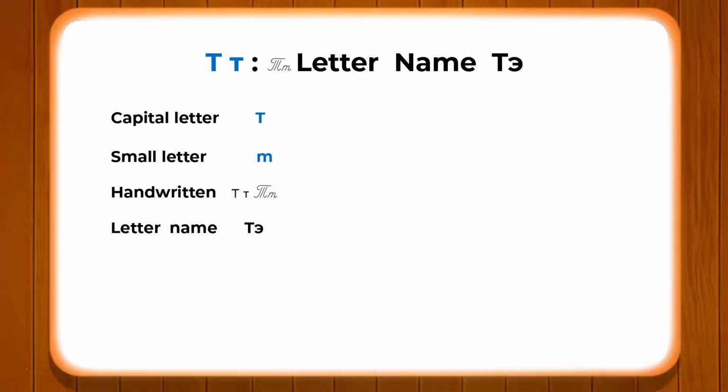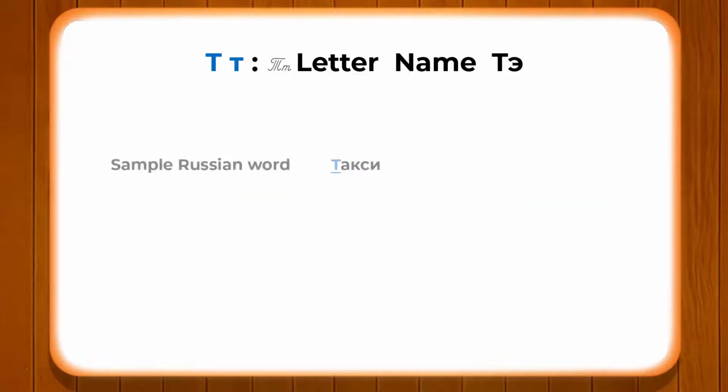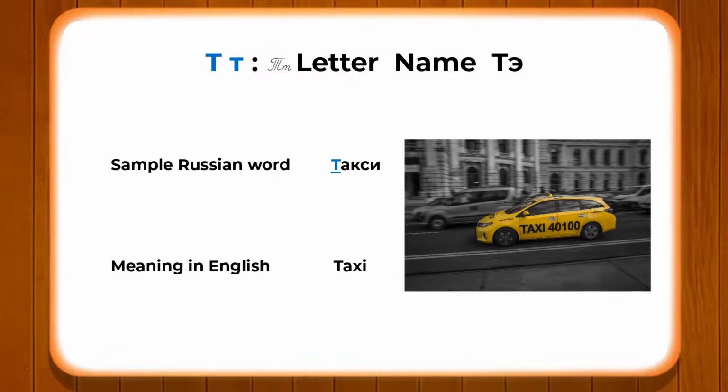So we have the letter Te, and the English approximation we have used so that we understand it properly is Te in tool. A sample Russian word is taxi, which means taxi.